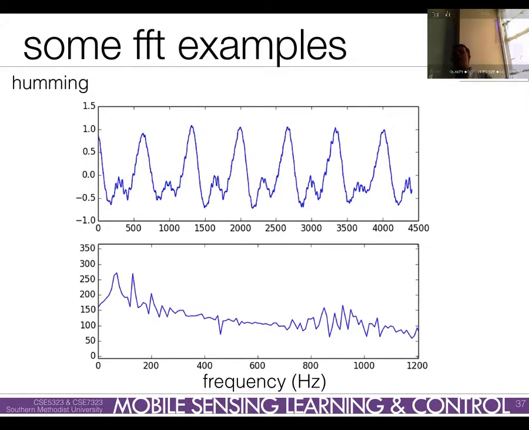Okay, let's say I'm humming. This kind of a thing. That actually, in the time series, looks a lot like this. If I were to take the FFT of that, the signal would look like this down here. And you notice that on this axis, I've zoomed in to go from 0 to 1200 hertz. I've zoomed in on this FFT. So essentially what you see here are a spike here, and a spike here.